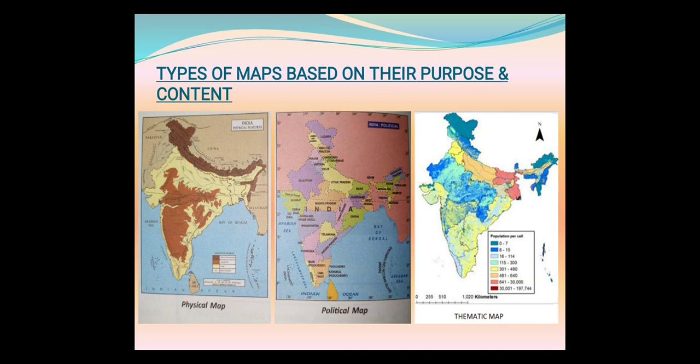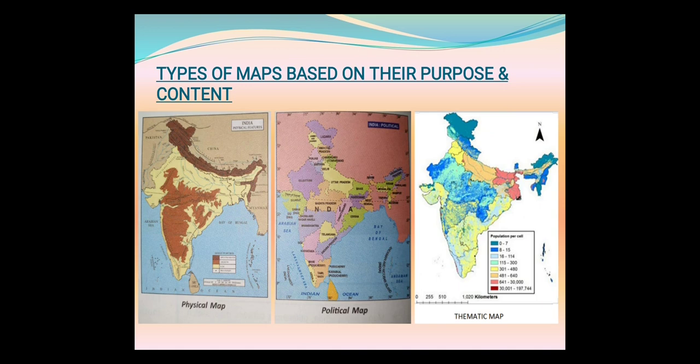Now let us study different types of maps based on their purpose and content. The different types of maps on the basis of their purpose and content are physical maps, political maps and thematic maps.